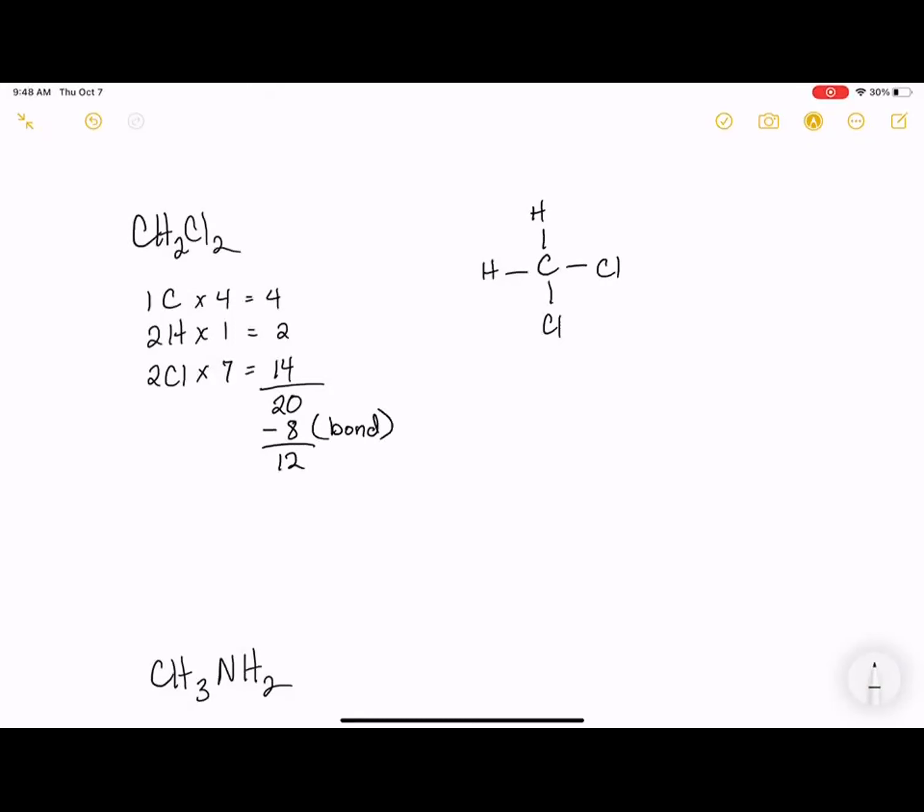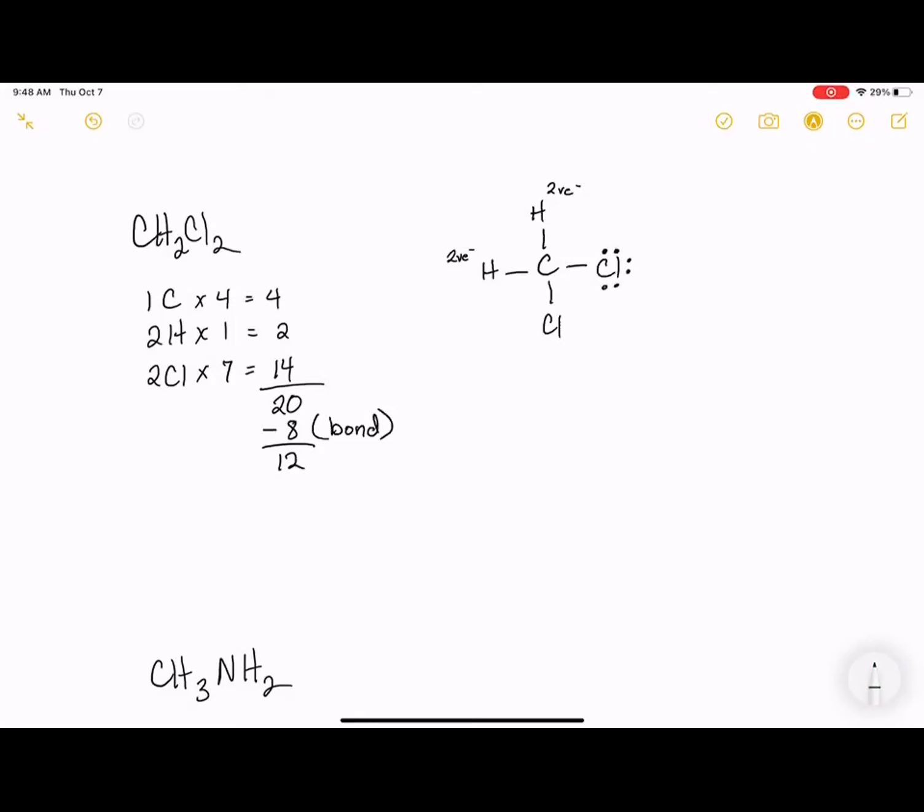The next thing you do is give your terminal atoms an octet. Hydrogen already has an octet. It has 2 valence electrons in that shared pair. Chlorine currently only has 2 valence electrons in the shared pair. In order for chlorine to get a full octet, it needs 6 additional electrons.